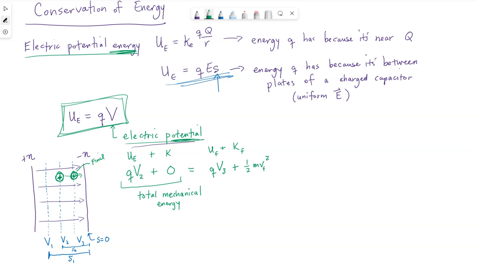Now, we do want to be careful. Make sure we're distinguishing between speed, because kinetic energy, 1/2 mv squared, that v is how fast, and then potential, or volts.